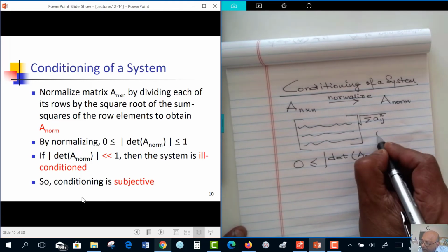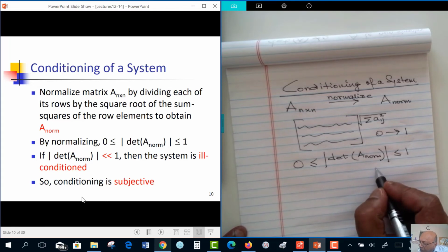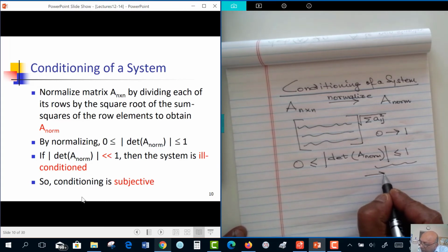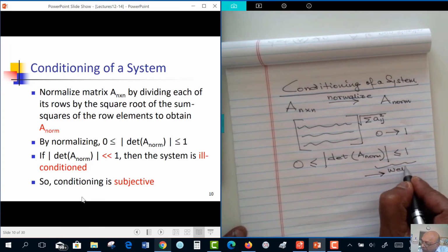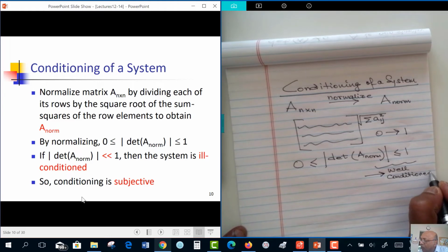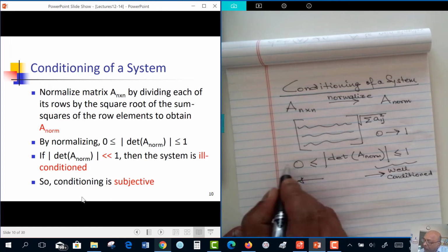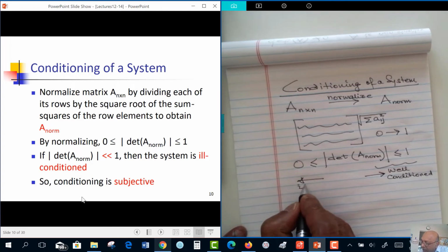It is in the range 0 to 1. If it is closer to 1, we say our system is well conditioned. That means any small errors, round-off errors we make won't affect our solution a lot. On the other hand, closer to 0 we say it is ill conditioned.